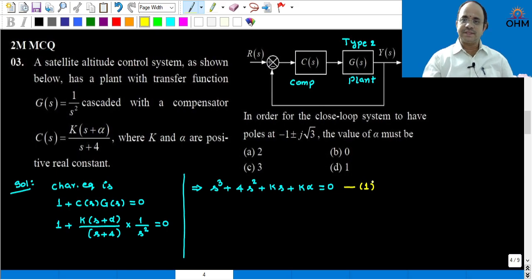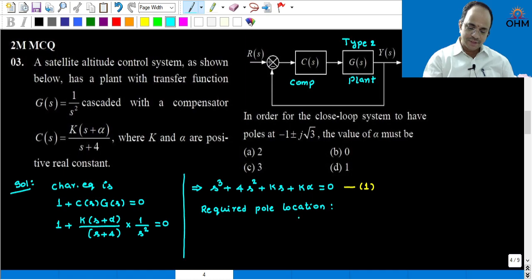Now by observing this characteristic equation, you can immediately understand it is a third order equation. Therefore, there must be 3 poles. But in the question statement, what is given? After the compensator, the required pole location, only 2 poles are given, that is -1 plus or minus j root 3. That is a complex pole pair, or you can also understand that it can be the dominant pole.